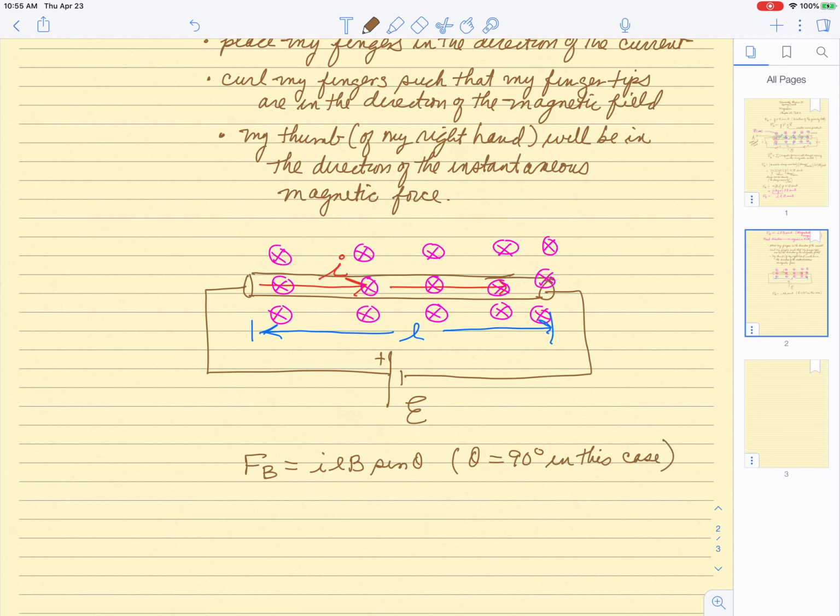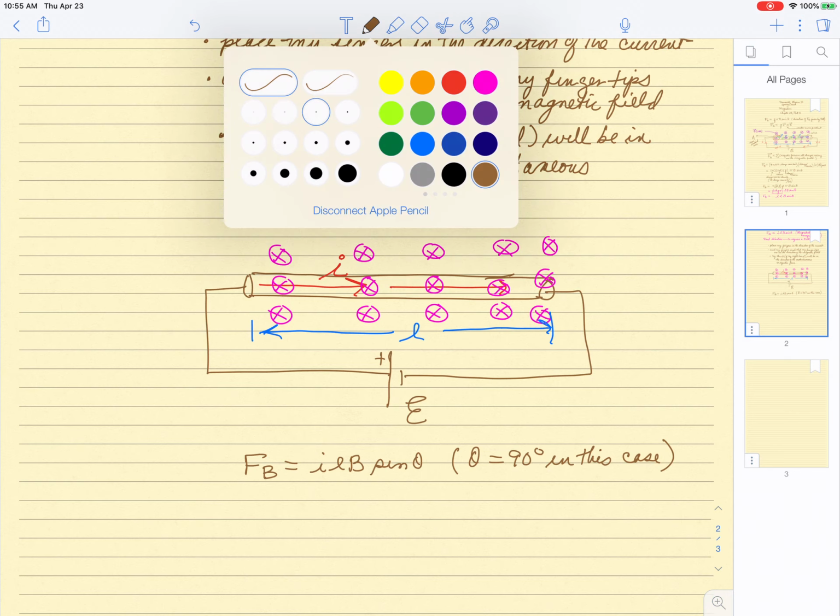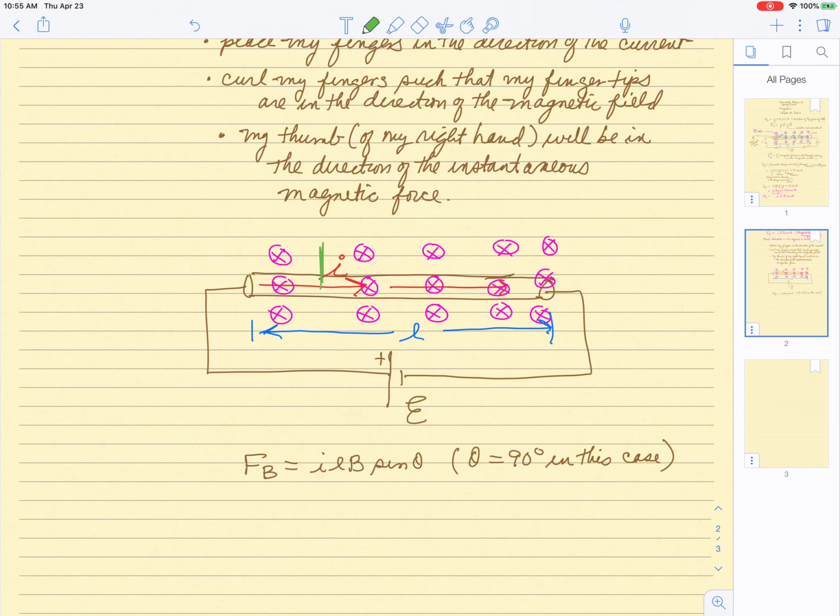And so the direction of the force on the wire is going to be in the upward direction. So this will be FB. This will be FB. This will be FB. And so that wire will experience a net upward force given by this expression, in magnitude.